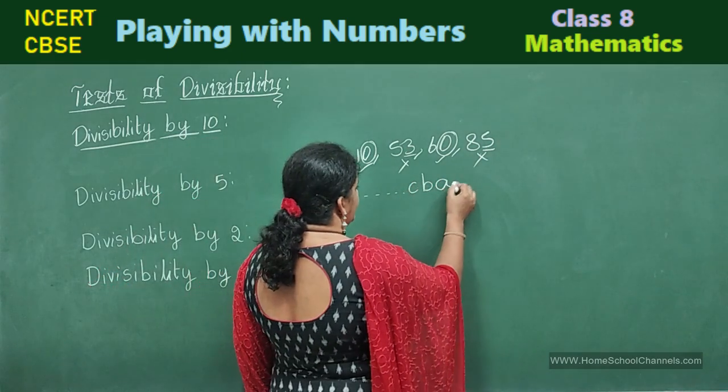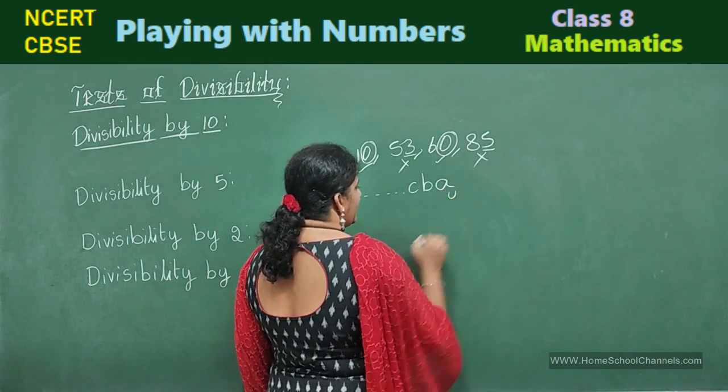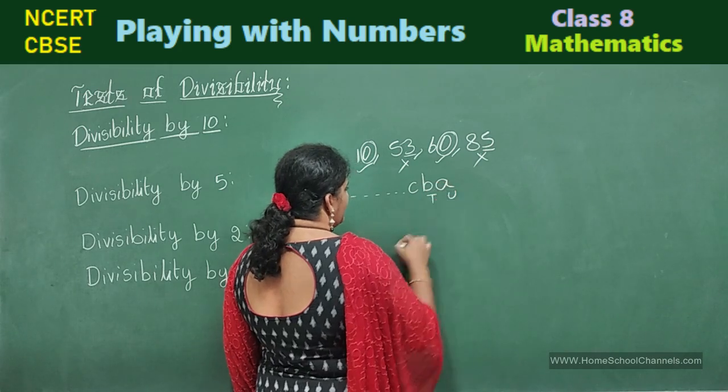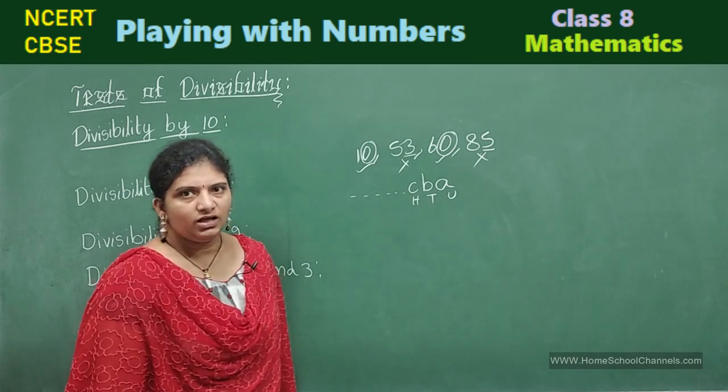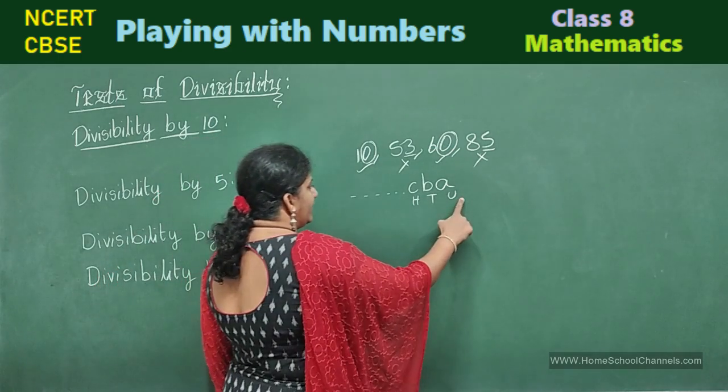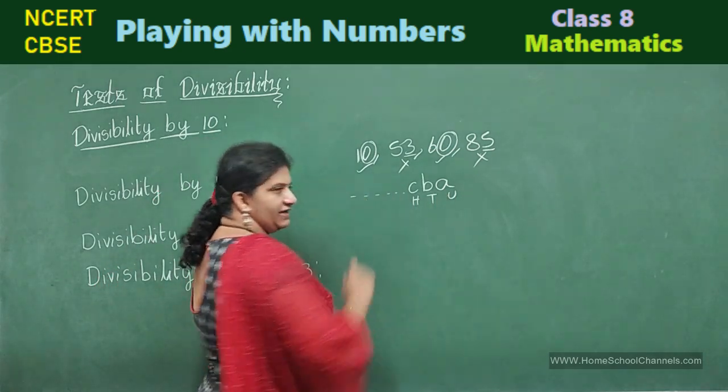Observe here, A is in the units place, B is in the tens place, C is in the hundreds place. Units, tens, hundreds place.